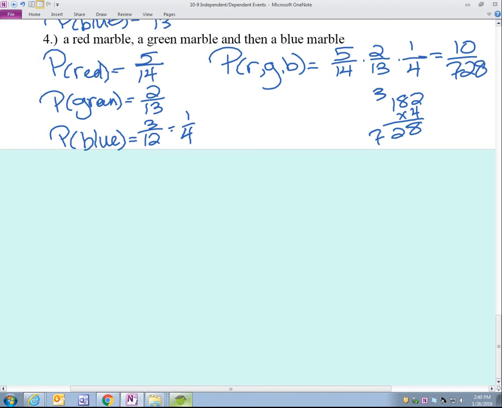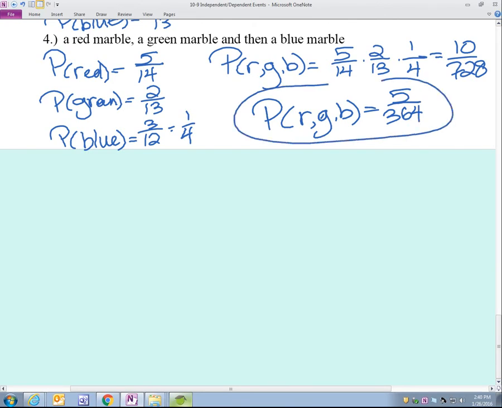So I can reduce that by 2. I'm going to erase that because it's in my way. Red, green, blue. I'm going to reduce that by 2 to get 5 over 364. So you have a 5. The probability is 5 over 364 to get those 3 marbles in that order.